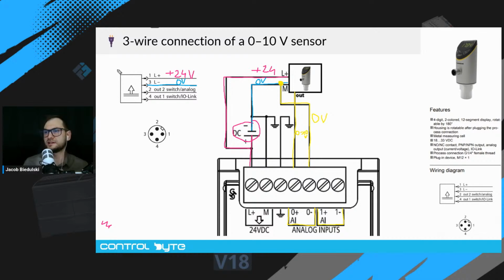If you look at the schematics right here, you will see that there are 4 wires or 4 pins. They are designated with 1, 3, 2, 4.